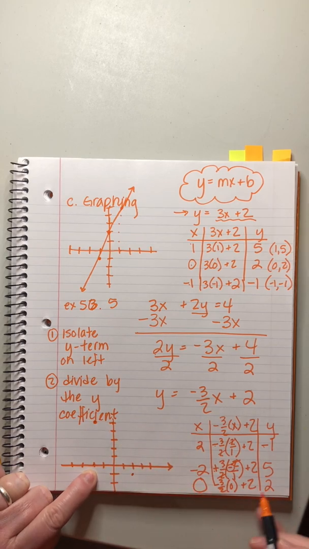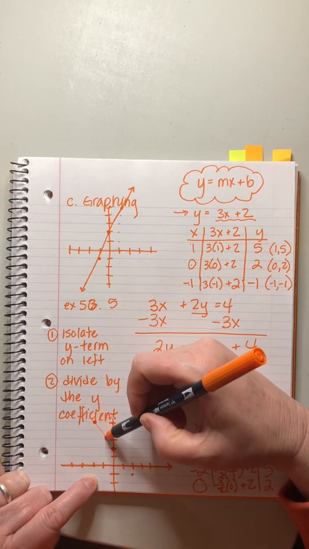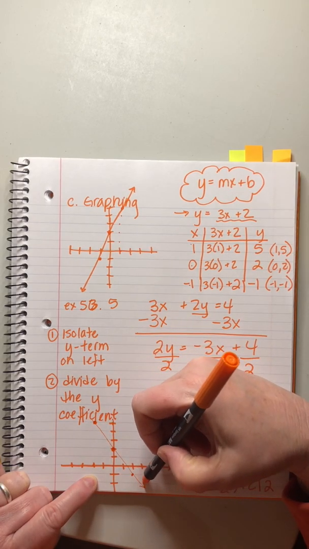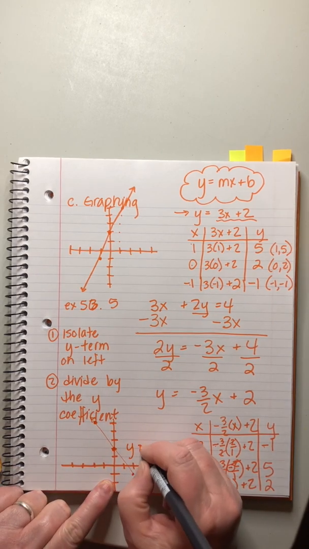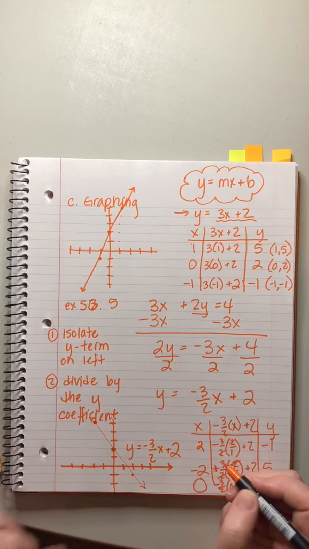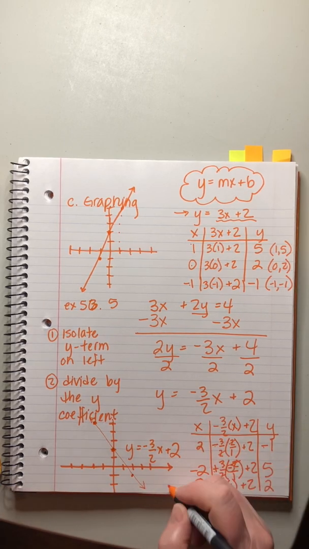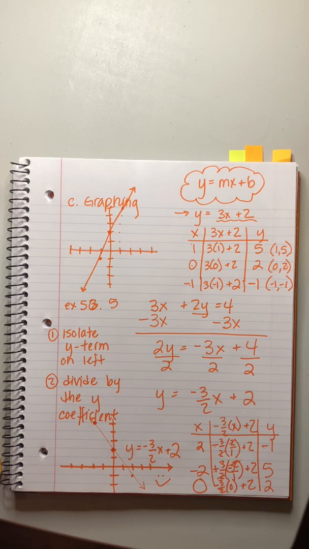And 0 and 2. Okay, that looks pretty good. And I can draw a line to connect. Like so. The name of this line is y equals minus 3/2 x plus 2. Is it right? Yay, it's right. The fractions did not scare us. We just chose points so that everything would cancel in our multiplication and life would be happy.